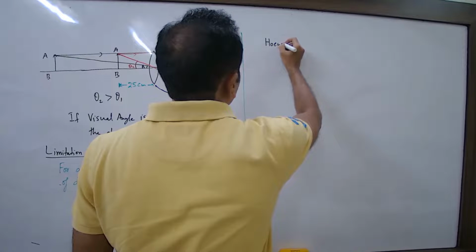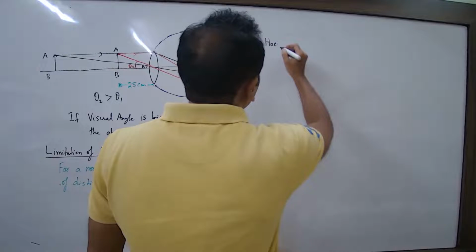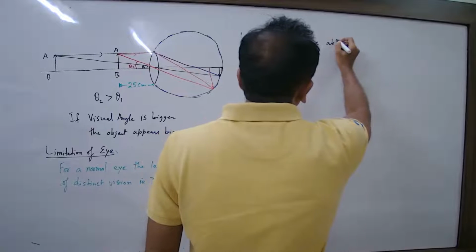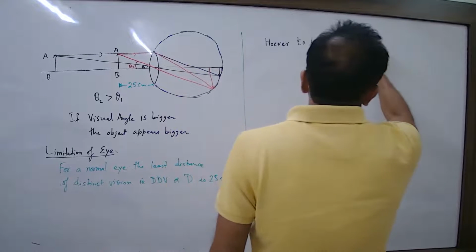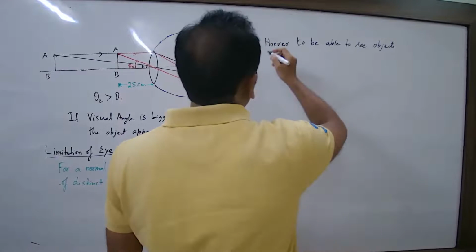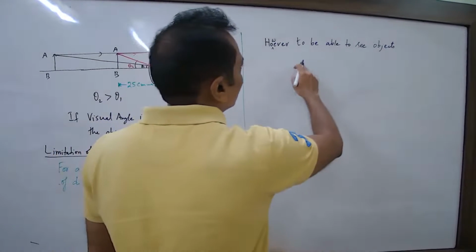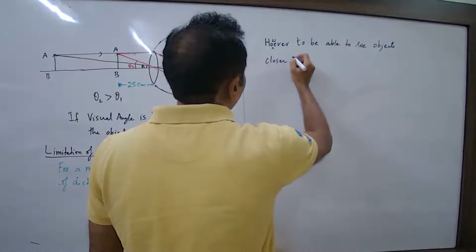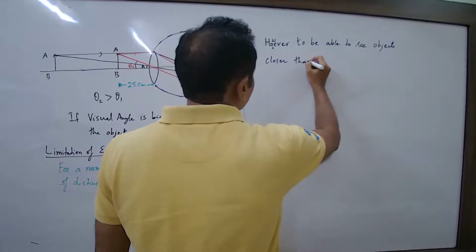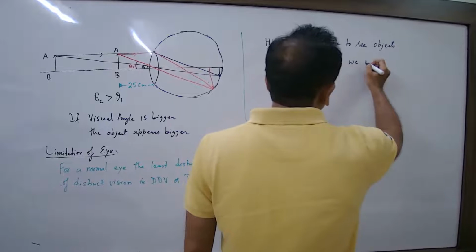However, to be able to see objects closer than 25 centimeters, what do we need?